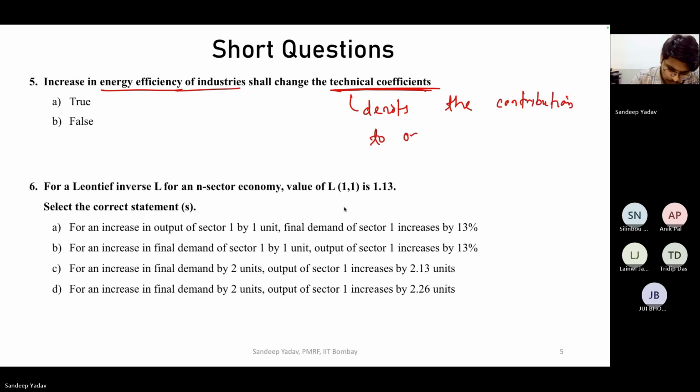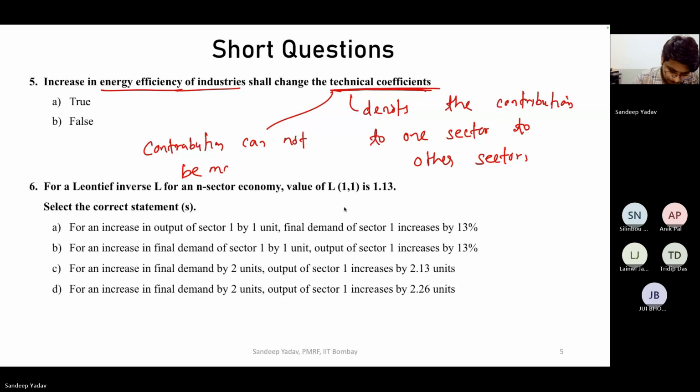The contribution cannot be more than 100%, so in most cases the technical coefficient cannot be greater than one. So initially it was constant, so that statement is false.